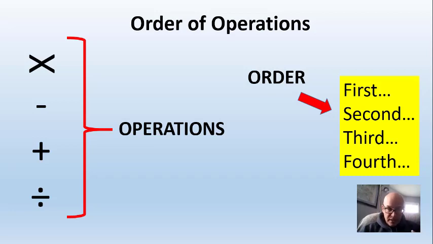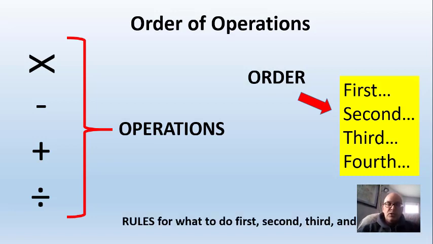The plus and the minus, the times. These all have to go in the right order in math, okay? So you can't just go left to right like when you read a book. You have to go in the right order. So order of operations is the rules for what to do first, second, third, and so on.